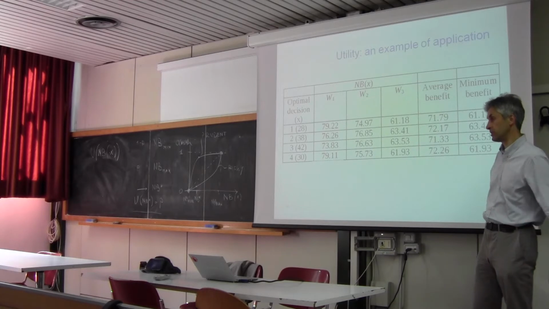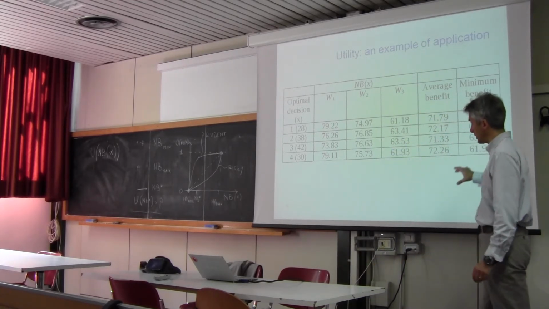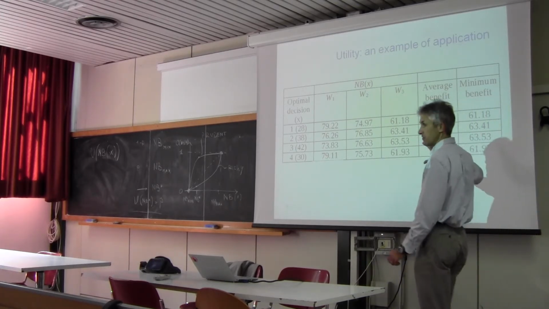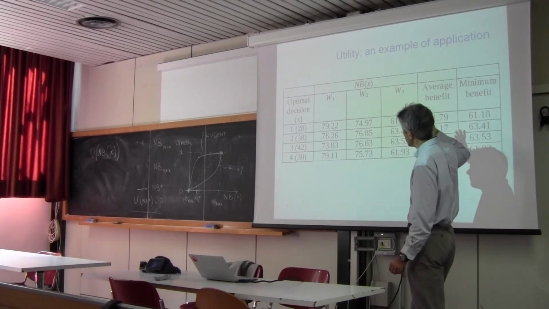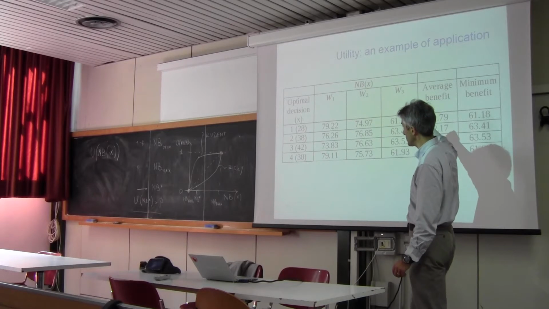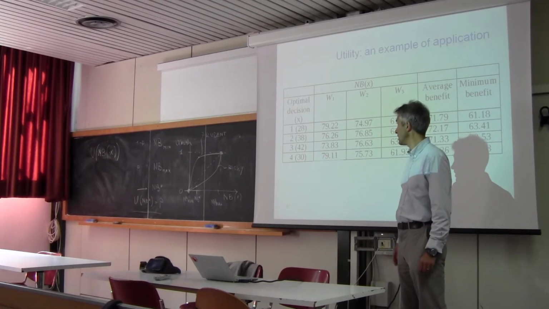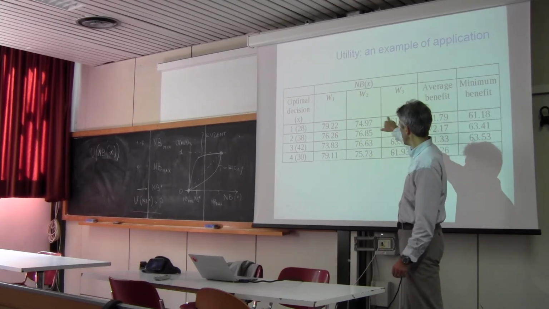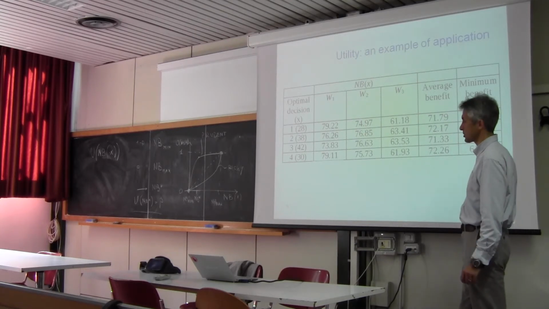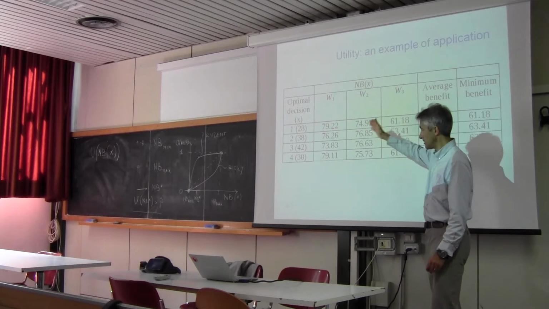So now let's get utility into play. This table is useful because it allows you to identify also the minimum benefit and the maximum benefit. Look, if we refer to this, let's say, discrete case in which we have only 3 parameter vectors that are possible and only 4 possible decisions, then we get a pool of 12 possible outcomes.